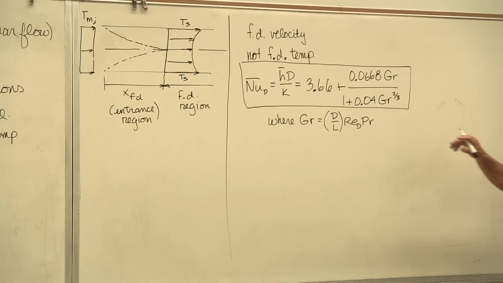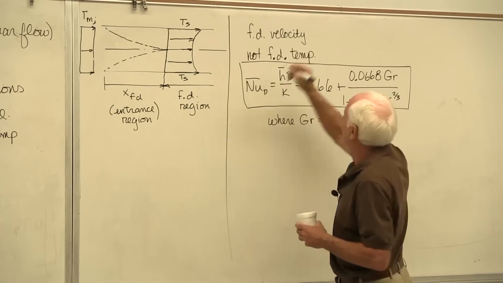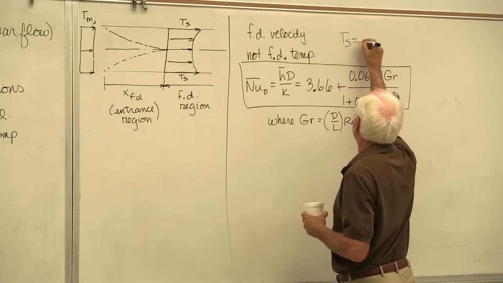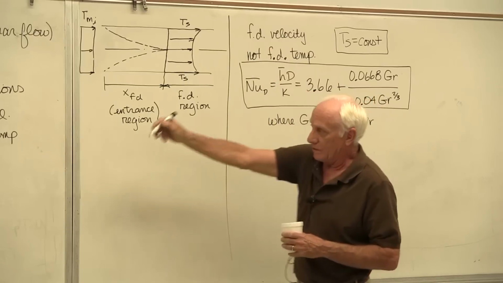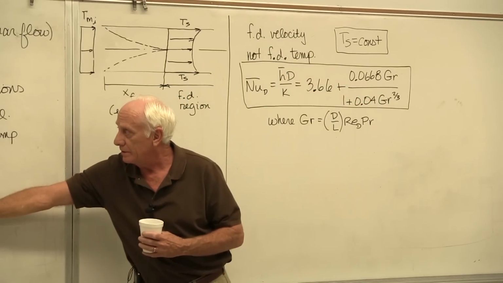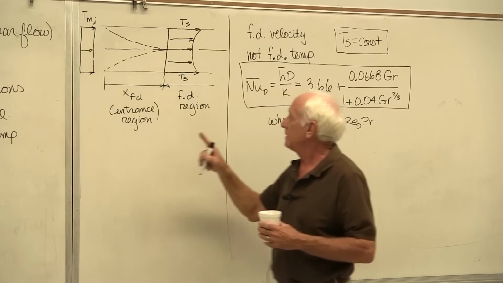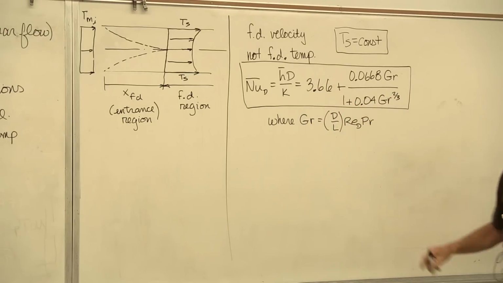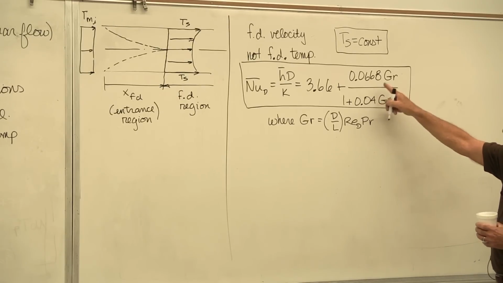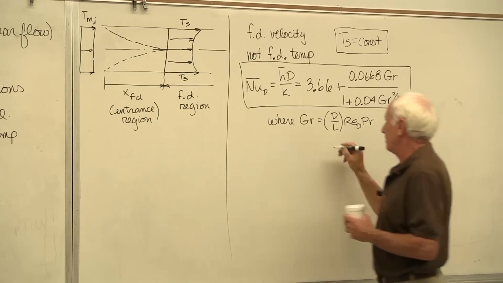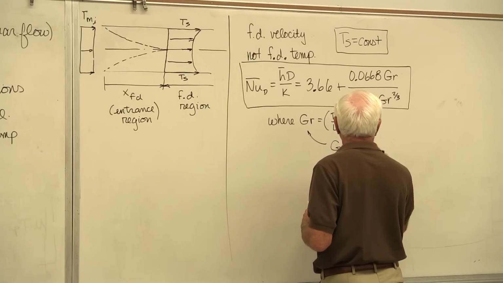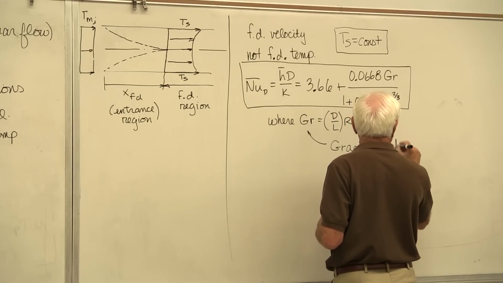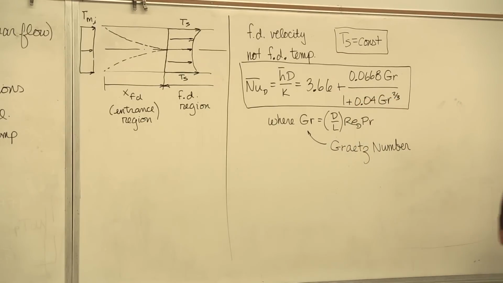By the way, this is for Ts equal constant. You start out like over here, 3.66, so here it is, 3.66. Then you add something to take care of the not fully developed temperature. This is what you add, this term right here. Gz stands for the Graetz number, a dimensionless number.